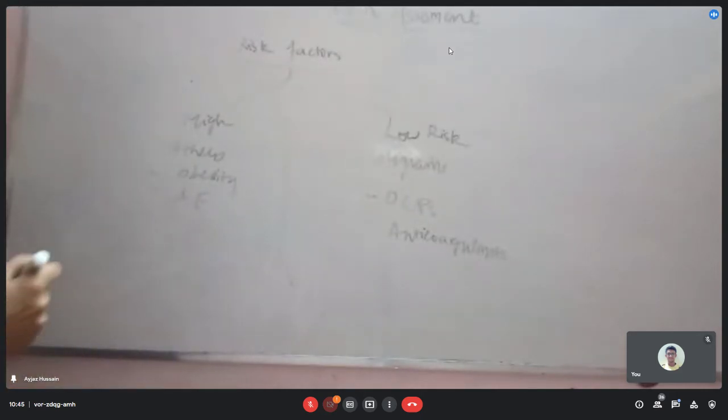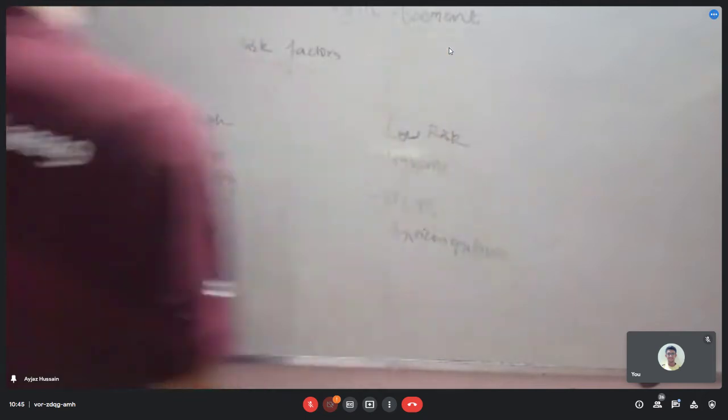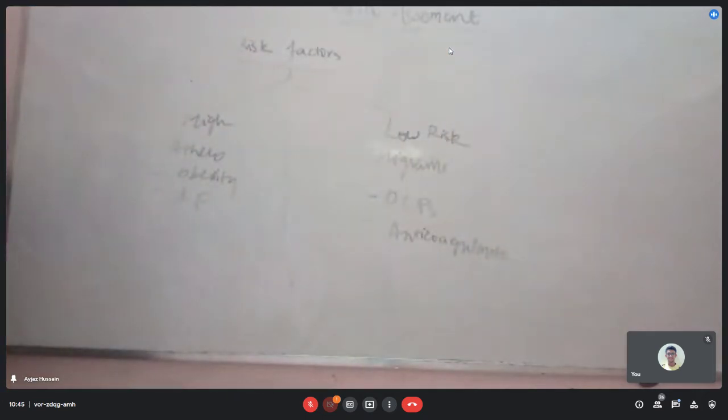Now there is something very beautiful that is called the ABCD2 scoring system. Again, this is a very good scoring system. If a patient has had a stroke, he can have a restroke as well.